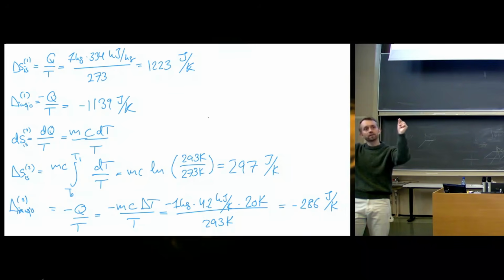Meaning there is a net increase of entropy in the universe of 100 joules per Kelvin. And that is the second law. Every time there's a heat exchange or energy exchange, if you sum up all the elements involved in the process, you're always going to find that the total amount of entropy increases.